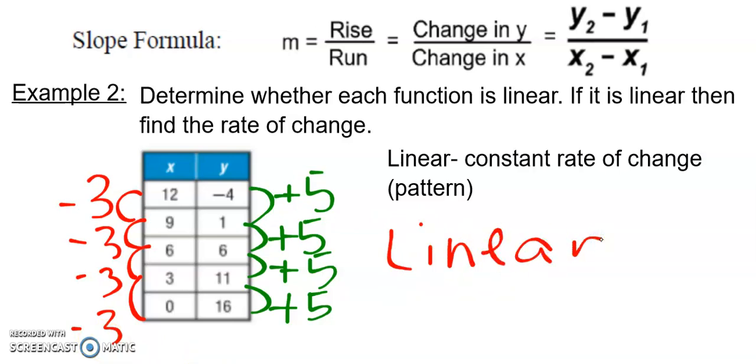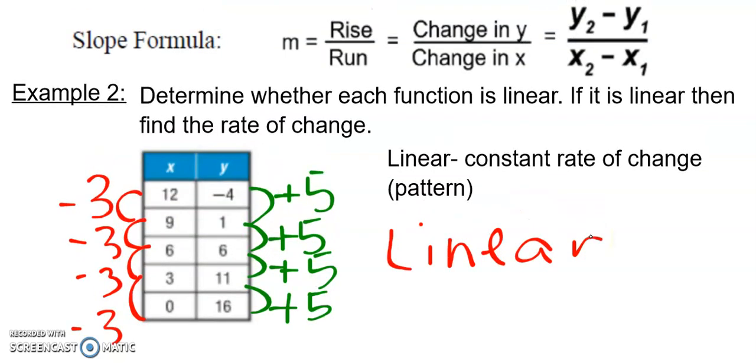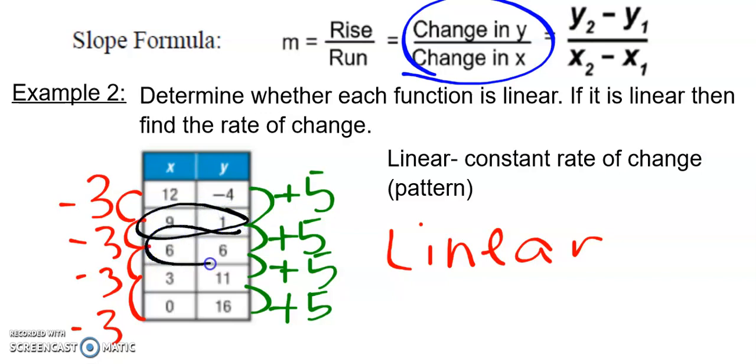Now if it is linear, then I'm going to find the rate of change. With the table, we use the change in y divided by change in x. We're going to pick any two points from this table. I'm just going to go for 9, 1 and 6, 6.